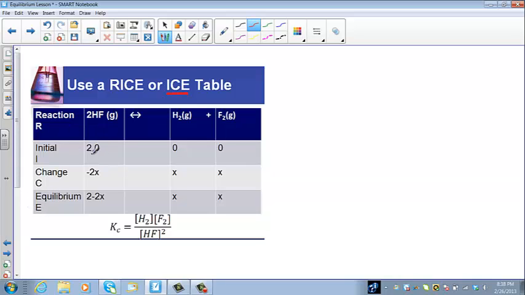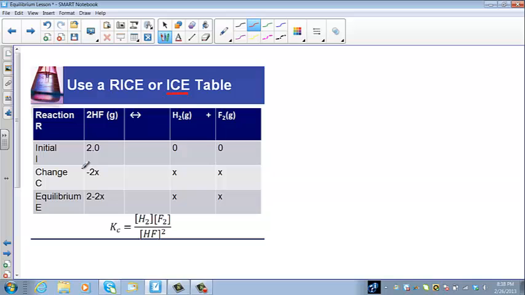Now they told us that the initial concentration of HF was 2 molar. So I'm going to write that down in the initial column. At the start of the reaction, my H2 and my F2 are 0. As the reaction proceeds, HF is used up. So it's going to be minus 2x.